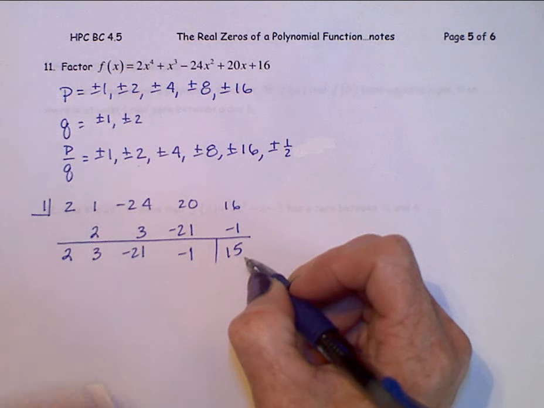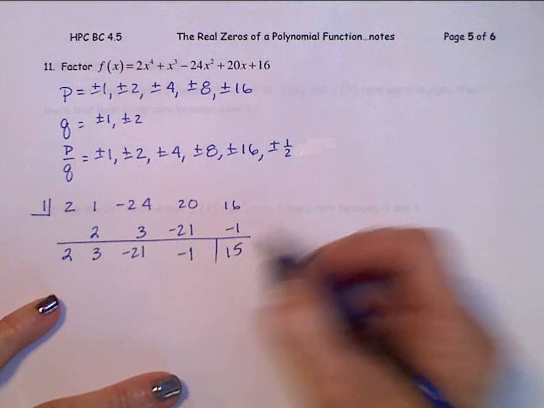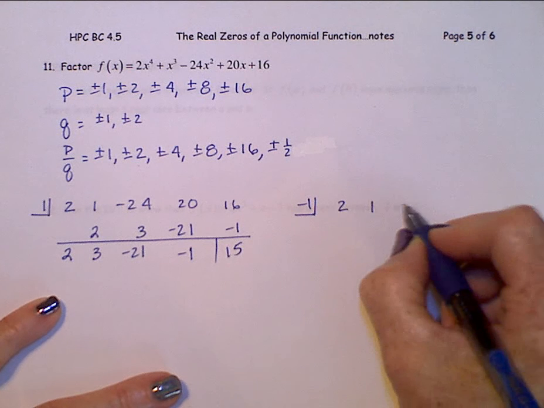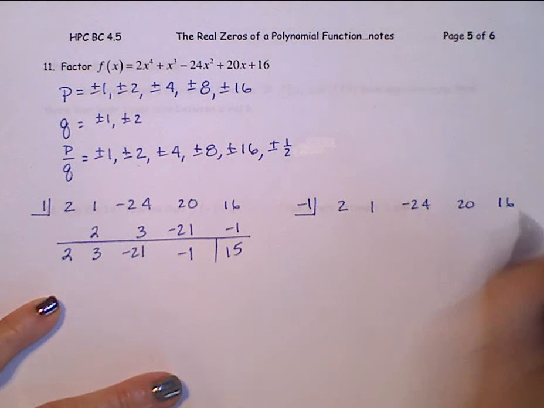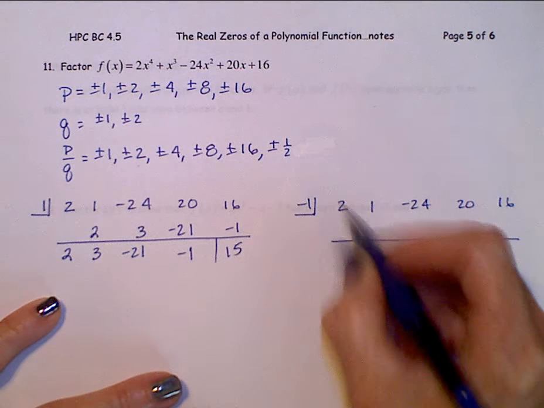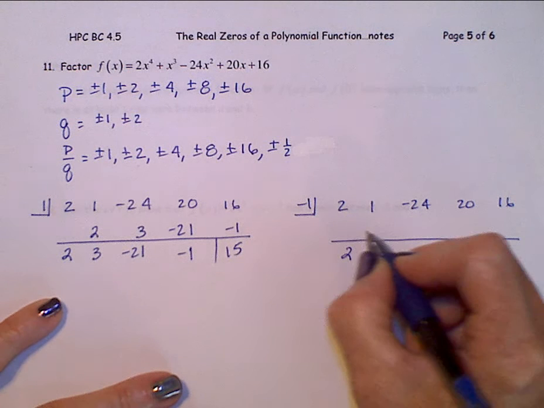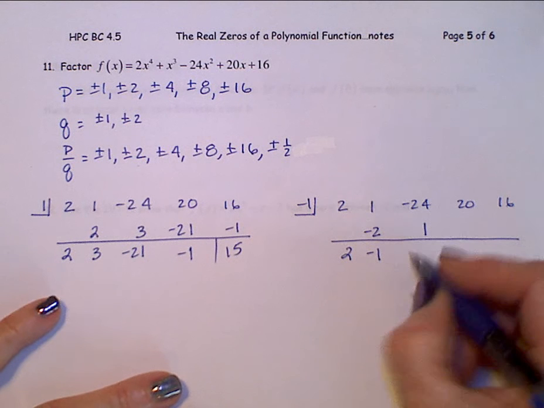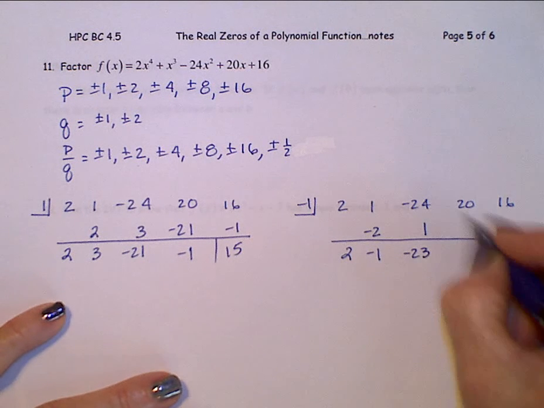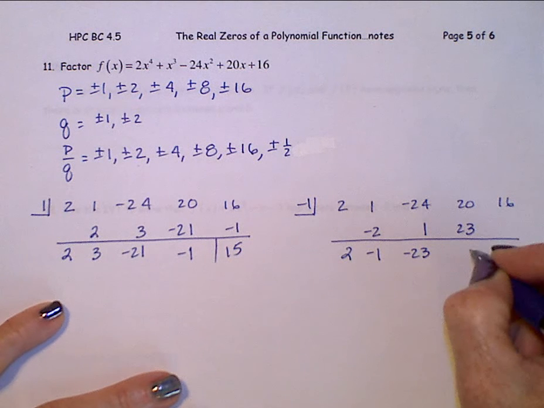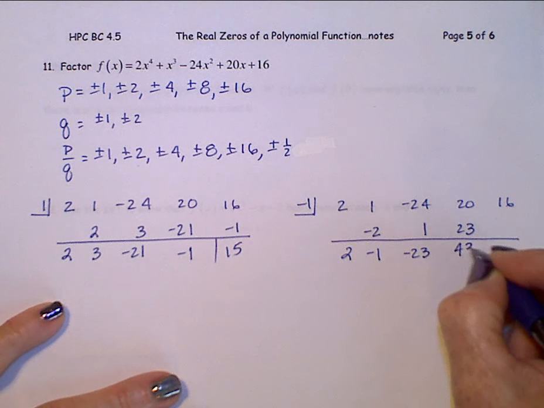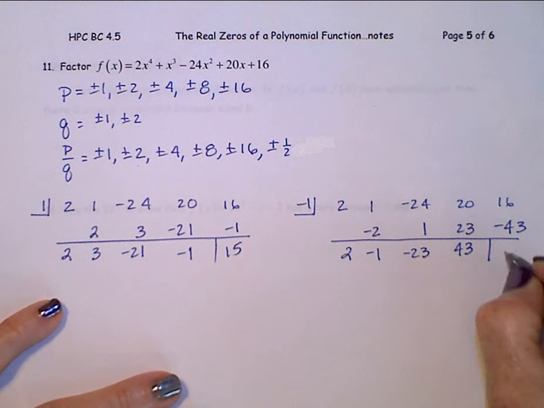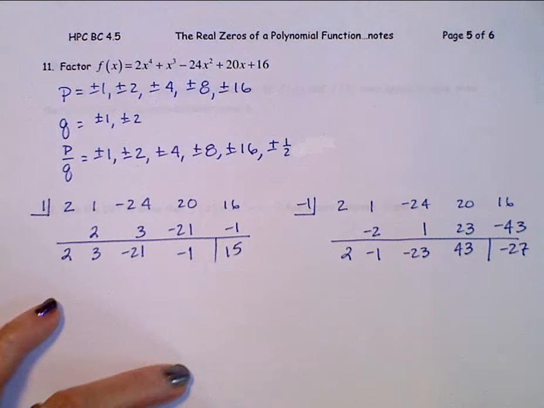So positive 1 is out. Let's try negative 1: 2, 1, negative 24, 20, and 16. 2, multiply, that's negative 2, add, negative 1, multiply, 1, add, that's negative 23, multiply, 23, add, 43, multiply, negative 43, add, negative 27. So negative 1's out.